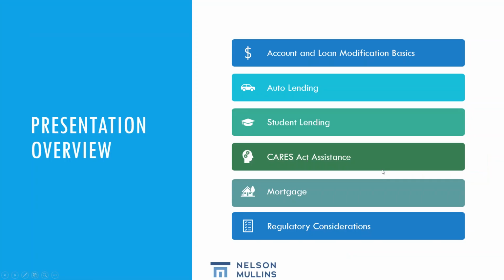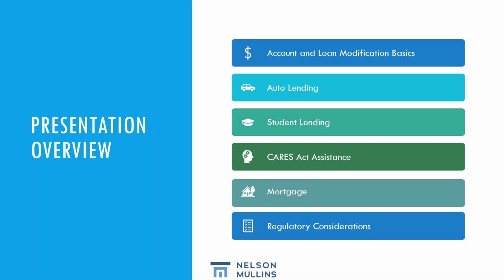So as we think about what we're going to talk about today, here's our basic outline: some basics about account and loan modifications. We'll hit on two specific industries, and the reason we're focusing on auto lending and student lending is there are some unique issues that have developed, because as of now, those are two industries that have not received governmental scrutiny or governmental guidance on modifications in response to the COVID-19 crisis.